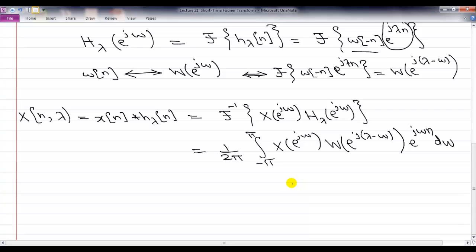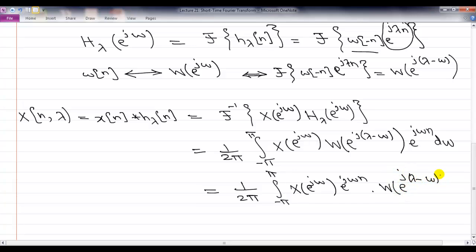Now, fix any value of little n. For that fixed value of little n, all you are saying is that I am computing X(e^{j omega}) e^{j omega n} times W(e^{j(lambda minus omega)}) d omega. What is this whole operation?